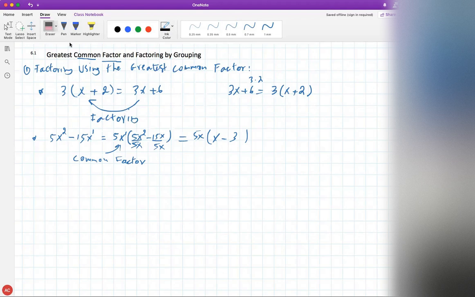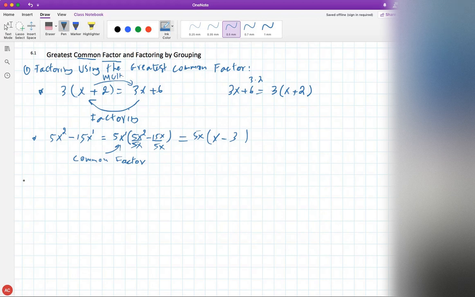So this way we multiply or distribute. Okay, so one way we multiply, and the opposite operation that takes us back to the expression is called factoring.